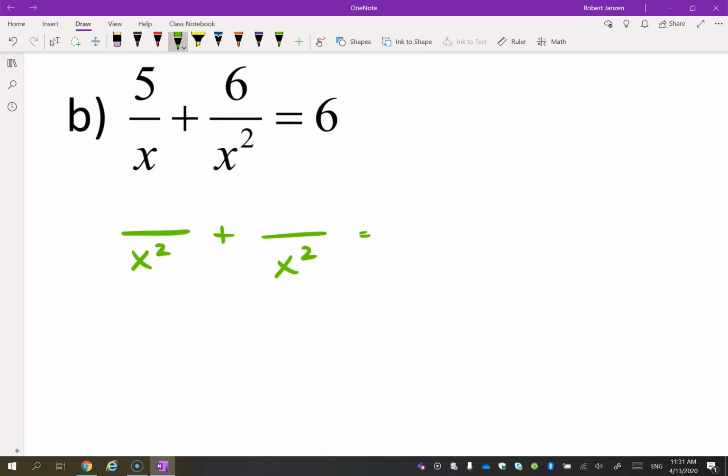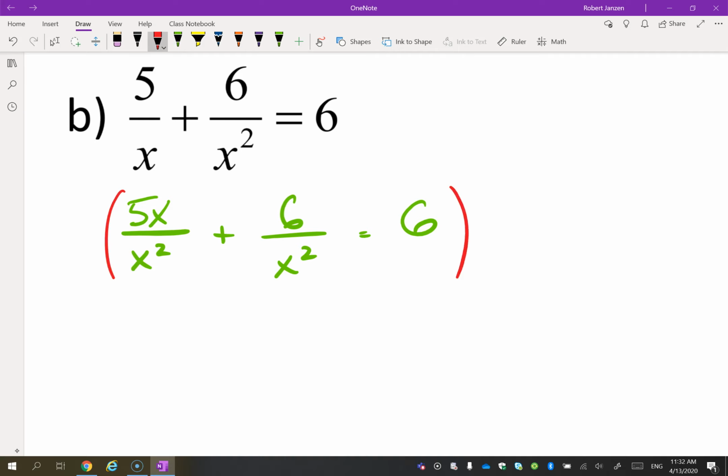Okay, so I'm not going to do it for this one. I'm just going to leave the 6 there. Okay, so what did I do to this fraction? I multiplied by an x. What did I do to this fraction? I multiplied by 1. And what did I do to this fraction? I haven't changed it. Okay?